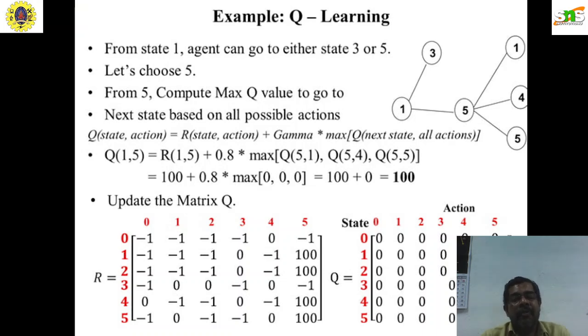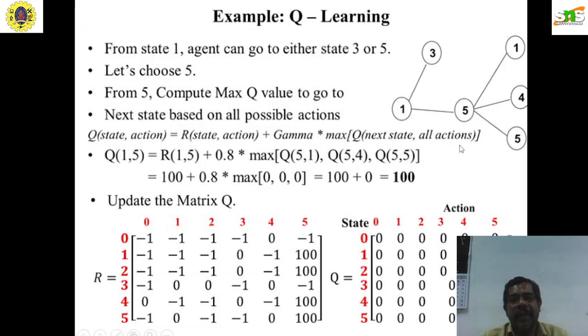We already learned the formula: Q of state comma action equals R of state comma action plus gamma multiplied with the max of Q of next state comma all actions. So Q of 1 comma 5, from state 1 to 5, equals R of 1 comma 5 plus the gamma value we already assigned, 0.8, multiplied with the max of Q of 5 comma 1, Q of 5 comma 4 and Q of 5 comma 5.